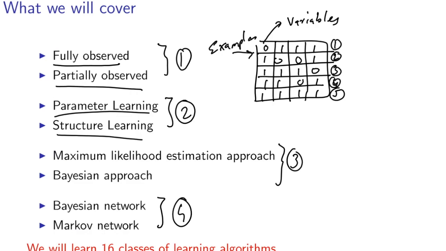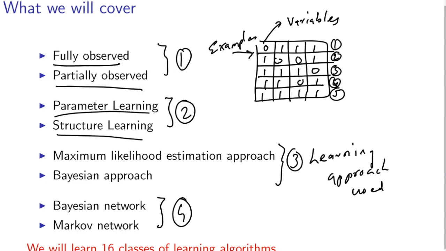The third dimension is the learning approach used. So in statistics, there are 2 popular learning approaches. One is called the maximum likelihood estimation approach, and the second approach is called the Bayesian approach.